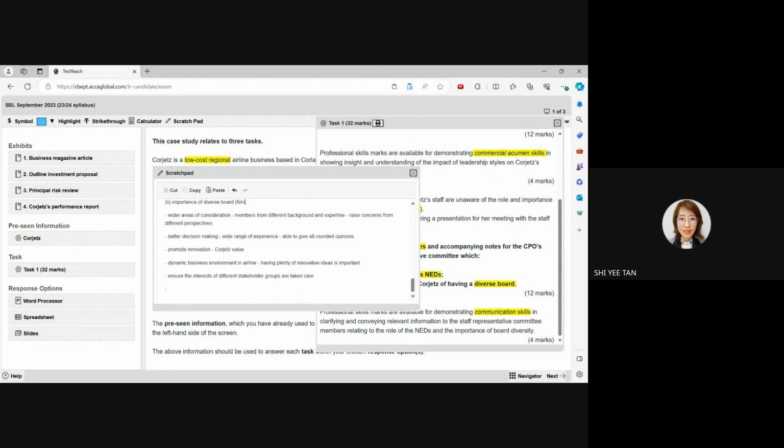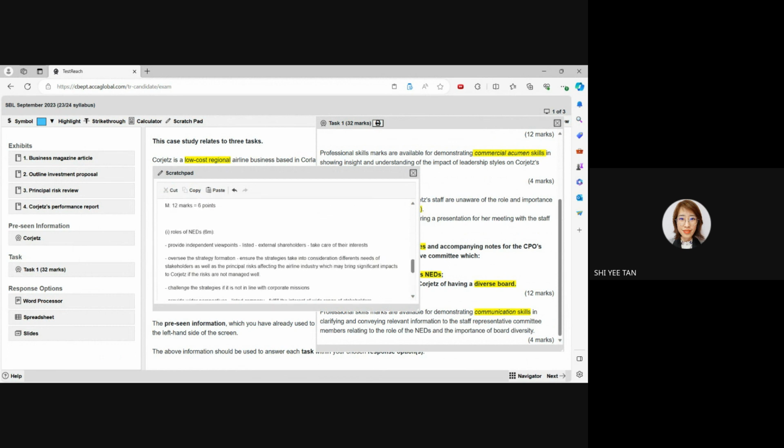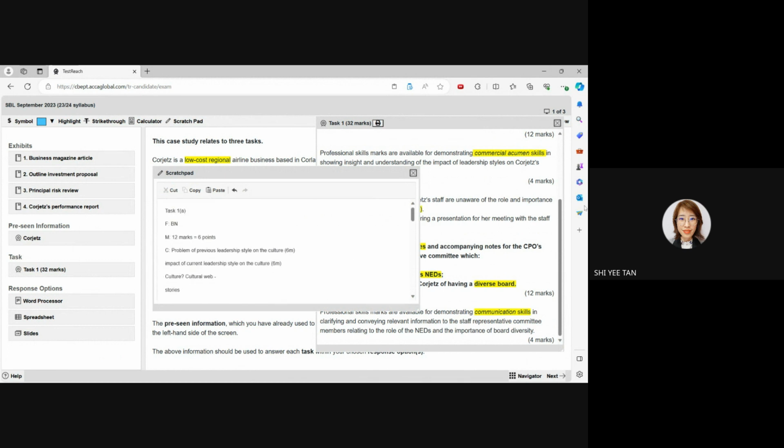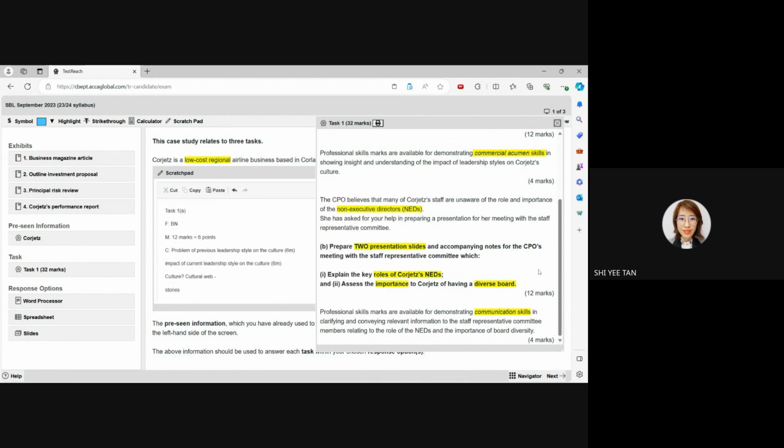Okay, something like this, right? So that is task number 1. I haven't highlighted or printed the screen of task number 1 yet. Oh, I have. Okay, can. Become trauma already, have to print screen.